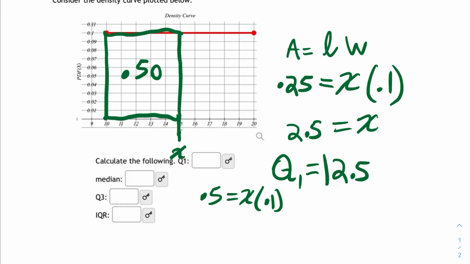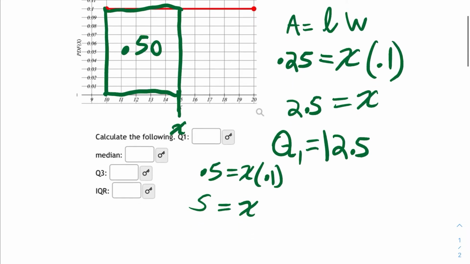I divide both sides by 0.1 here, and I get x is equal to 5. That's 5 units away from 10. So that means that the median, which is also known as the second quartile, is 5 units above 10, which is 15. So the median is 15.